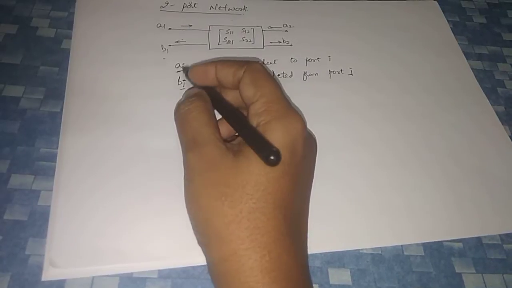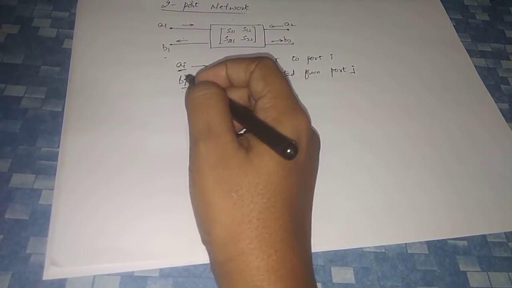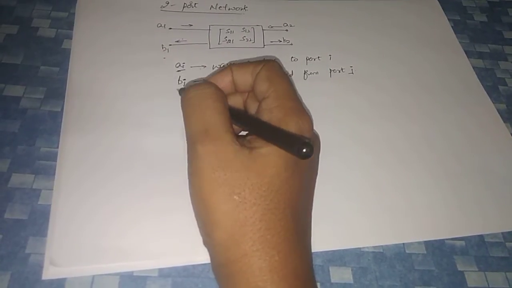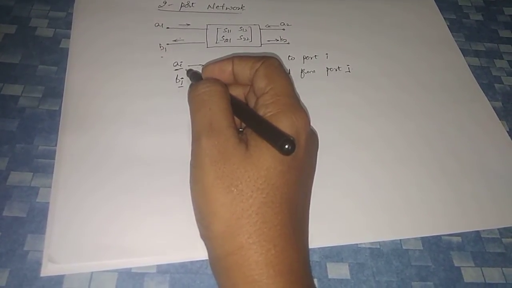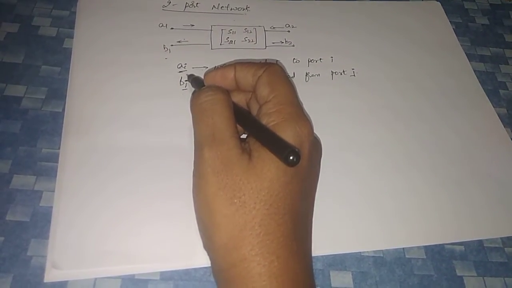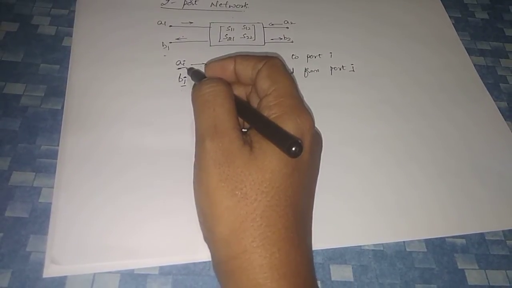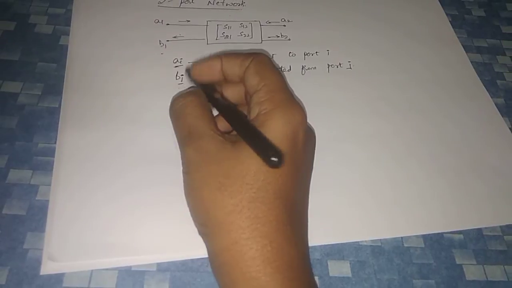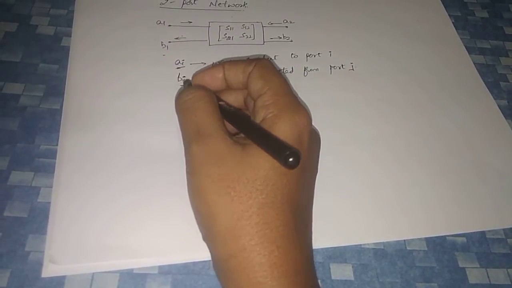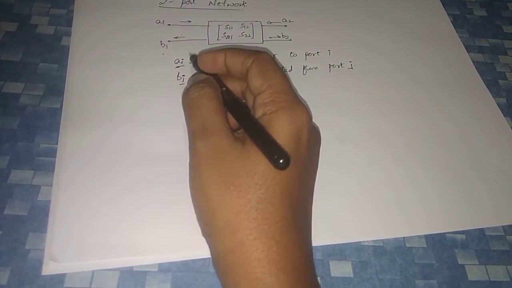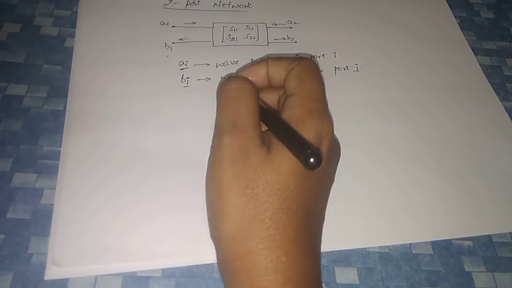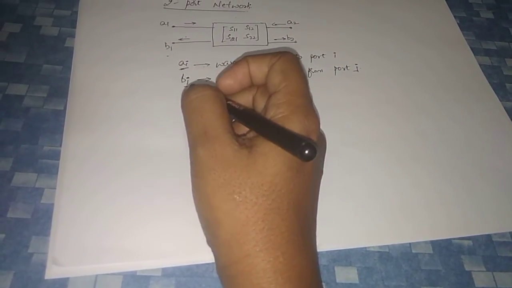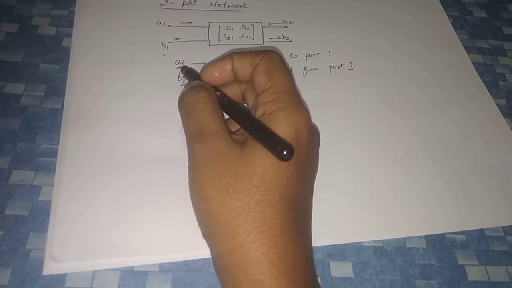We can take these two variables as like voltages. This we had seen in the previous classes. The square of these will give you the power.